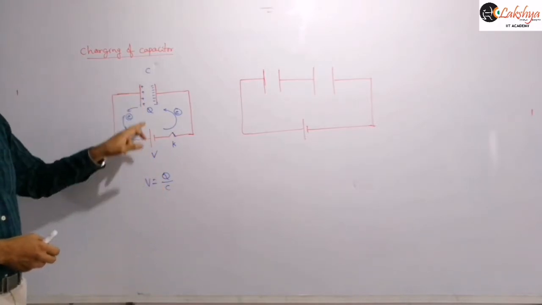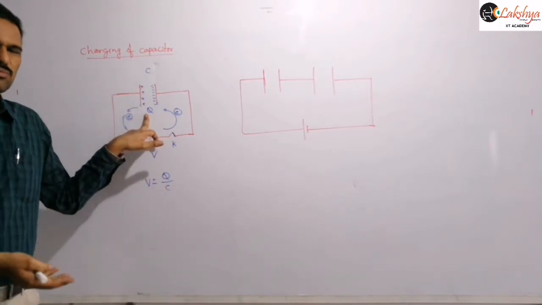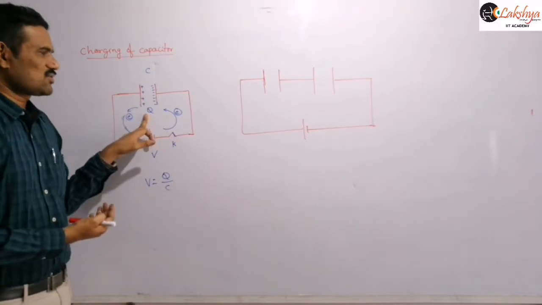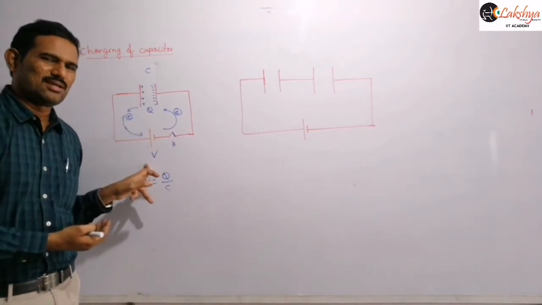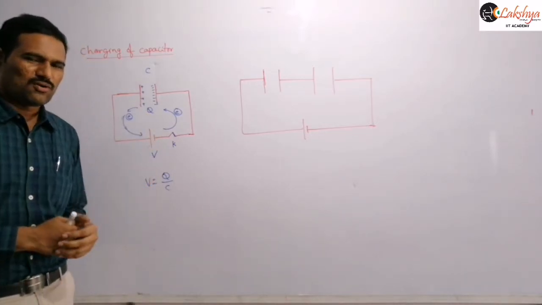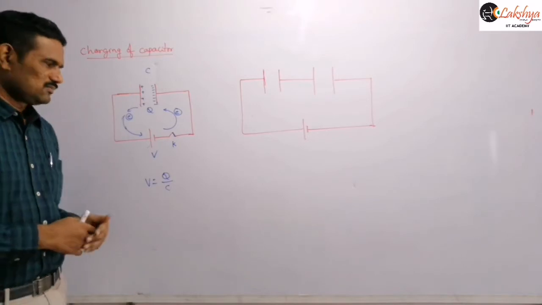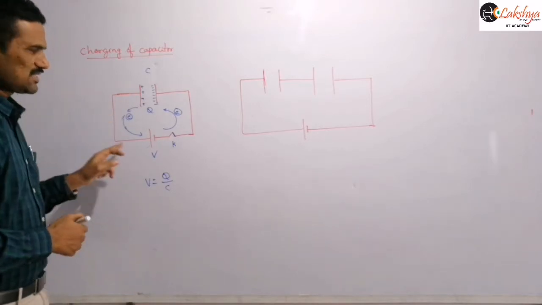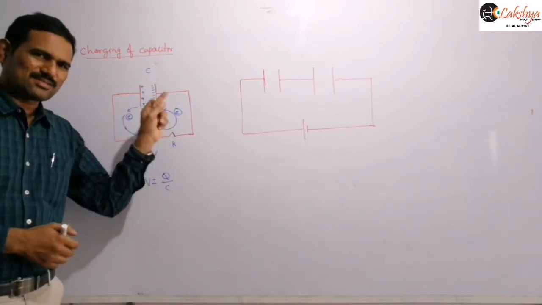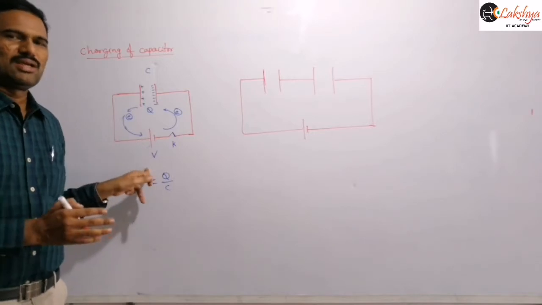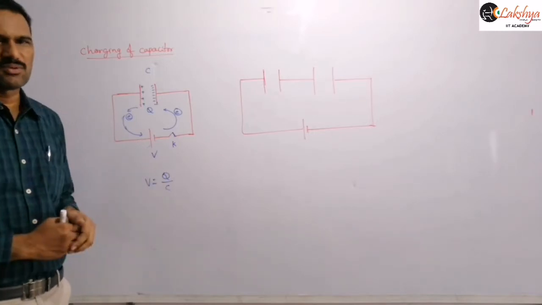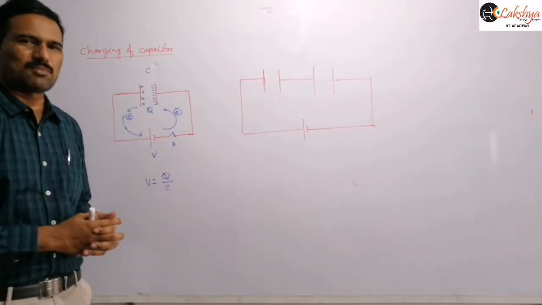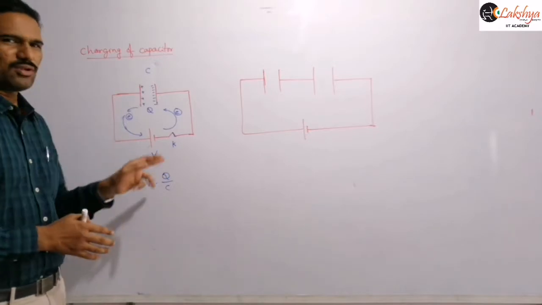Once the charge on this capacitor reaches its maximum possible value, or the potential difference across this capacitor becomes equal to the cell's, there is no further flow of charges. That means there is current in these wires only during the charging of this capacitor. Once the charging is completed, there is no current flowing in the circuit.